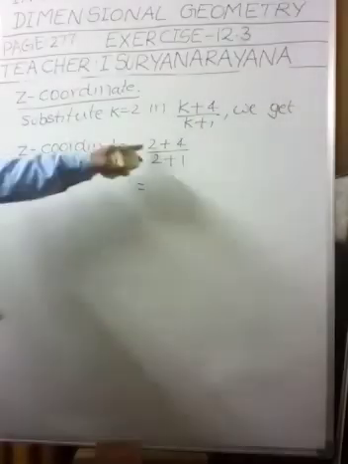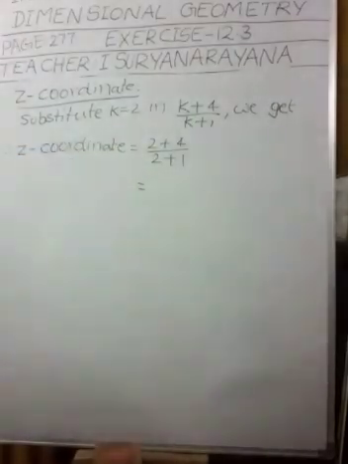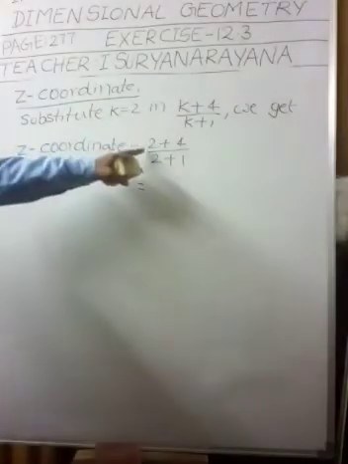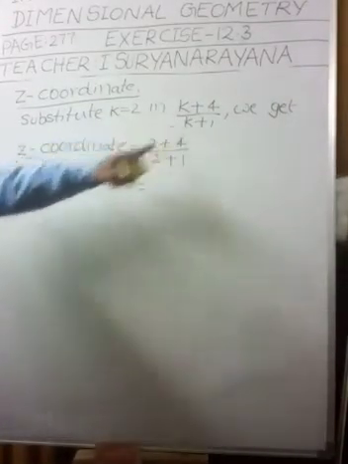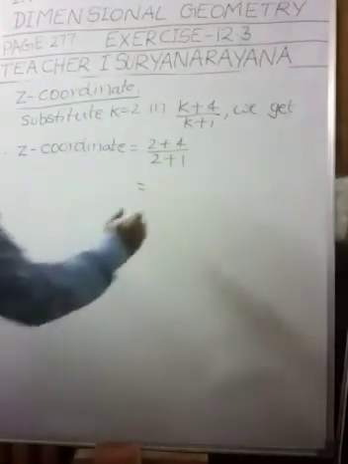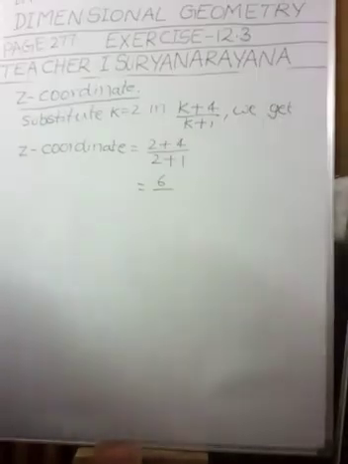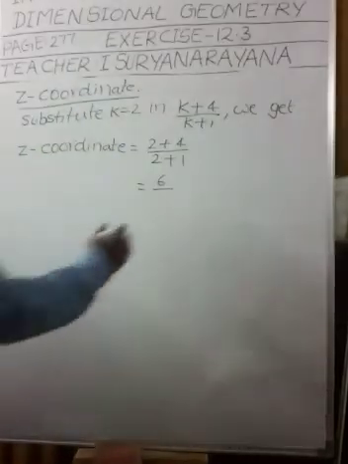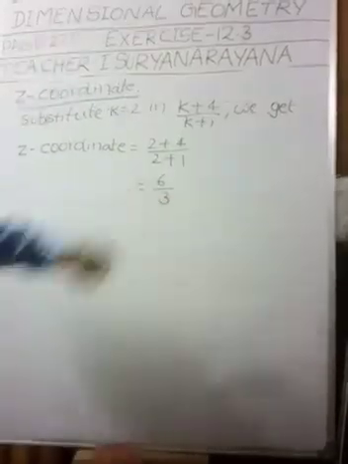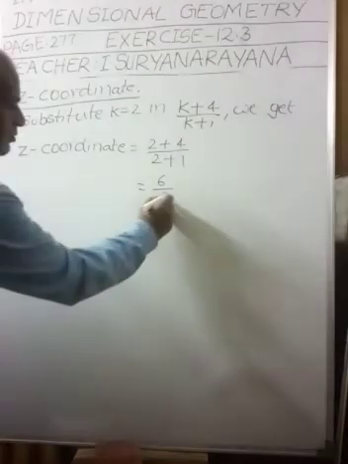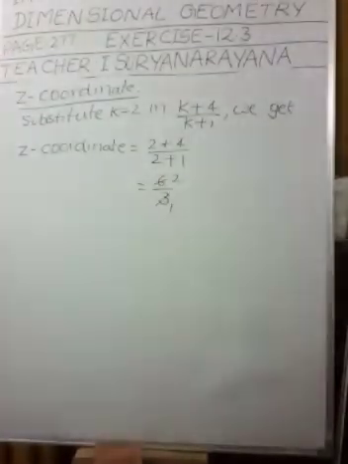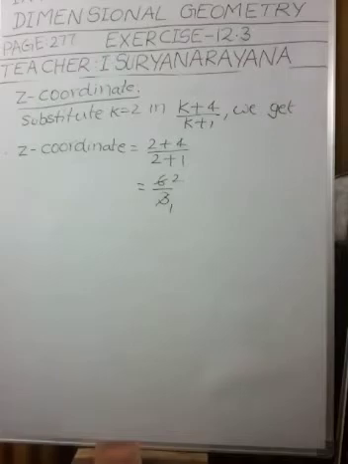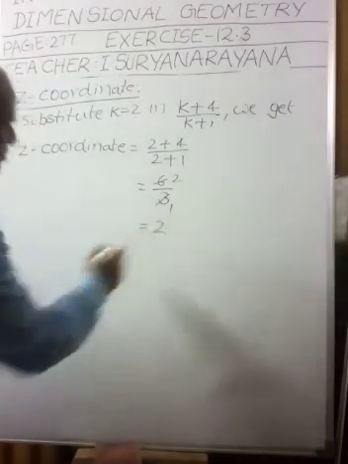Right. Now let us simplify the numerator as well as the denominator. What is there in the numerator? 2 plus 4. What is the value of 2 plus 4? 6. Now come to the denominator. 2 plus 1. What is the value of 2 plus 1? 3. Understood this step, my children? Right. Now, 3 ones are 3, 3 twos are 6. Finally, what will you get here? 2.